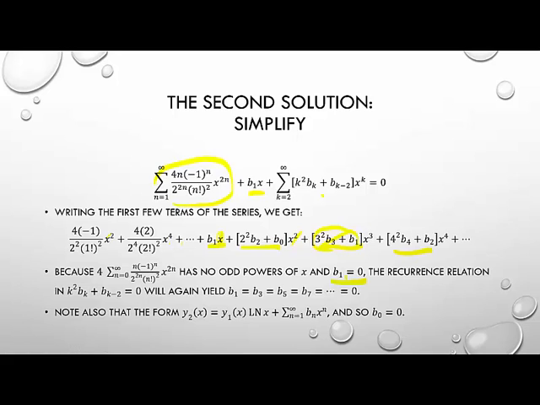And the other piece of information to note is that we have a b naught here, but if you remember back, the form that we had starts with n is equal to 1, so there is no b naught. So b naught in this case would equal 0.